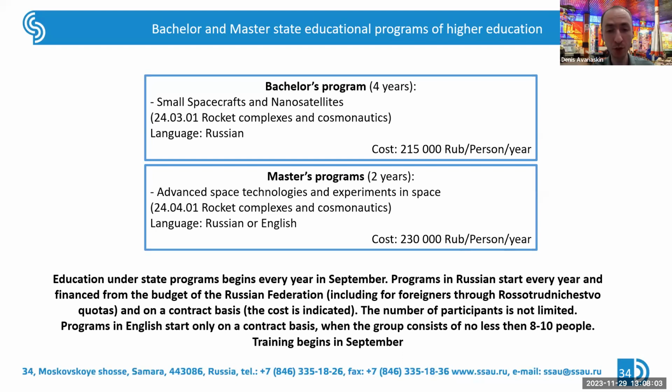Foreign students can join our university with Rossotrudnichestvo quotas, to get a scholarship to study in our university. If you are interested, at the end I will give you my contacts, so you can ask me how to join this program, and I'll give you the contacts of our international department that will tell you what to do to join the bachelor or master program.